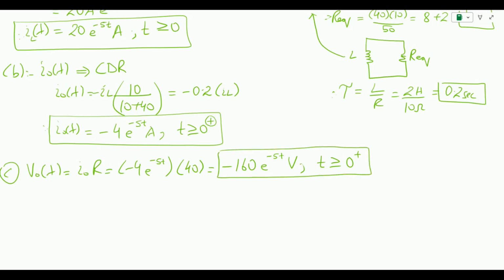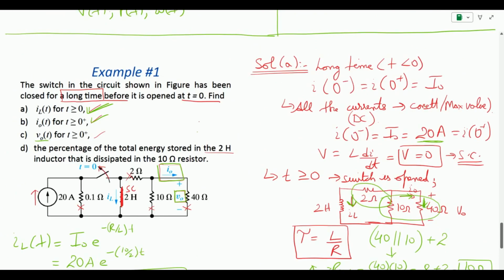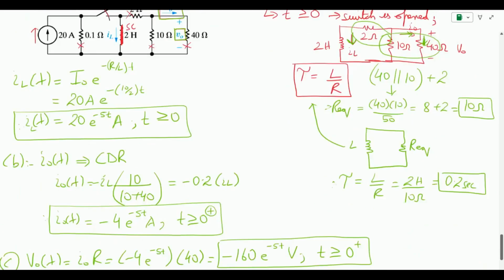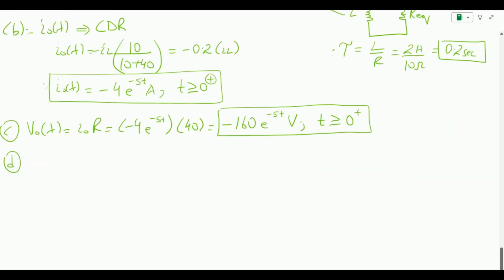And finally, we need to find the percentage of the total energy stored in the 2 henry inductor that is dissipated in the 10 ohm resistor. So in order to find energy, we first need to know the power associated with this. So the power is basically v squared by R. We know that v naught is this equation and R is 10.